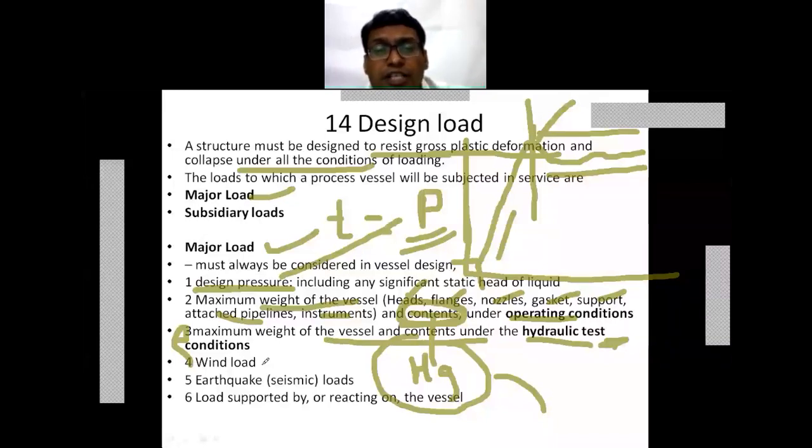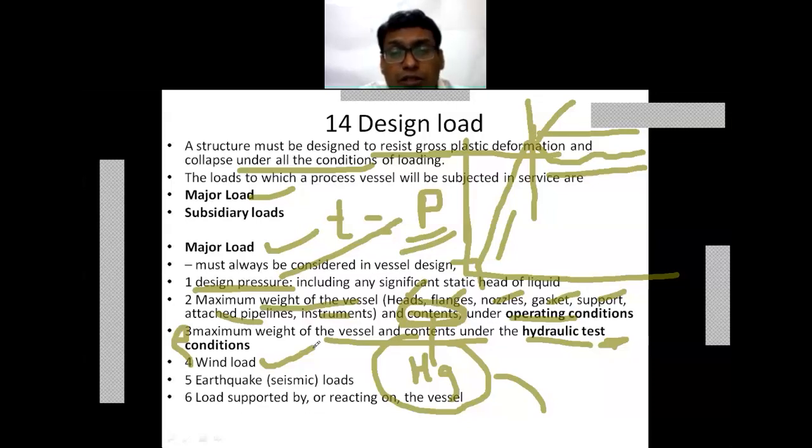Then, in addition to that, the vessel which is exposed to the atmosphere or to the surroundings, where the wind is also acting, if it's a tall vessel, then this wind load becomes an important parameter to be considered in designing, like our distillation columns, absorption columns, stack, that is your chimney.